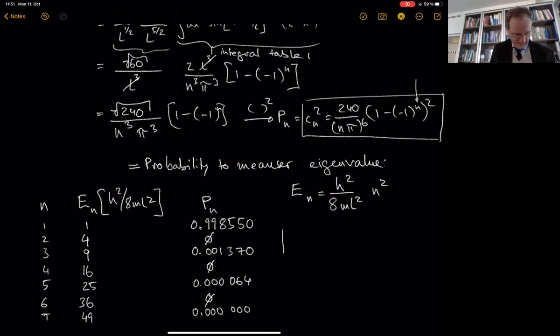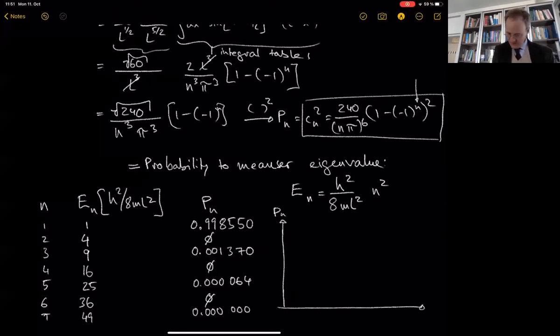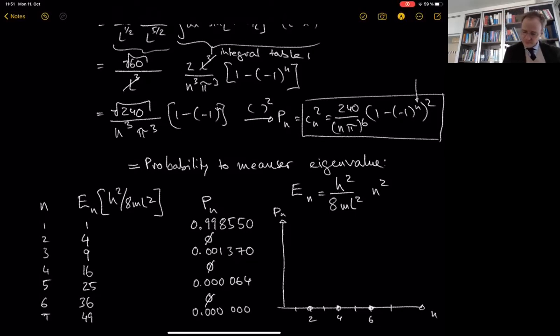So we can illustrate this on a graphic where we put the probability and we put the levels, right? 1, 2, 3, 4, 5, 6, 7. At 2, we must be 0. At 4, at 6, right?